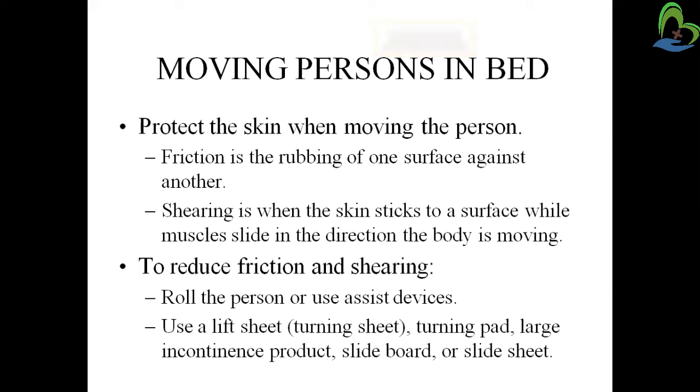Friction is the rubbing of one surface against another. We all know that when two surfaces are there, the chance of friction is high. So in that case, friction will occur on the body parts or skin area of the person. Shearing is when the skin sticks to a surface while muscles slide in the direction the body is moving.